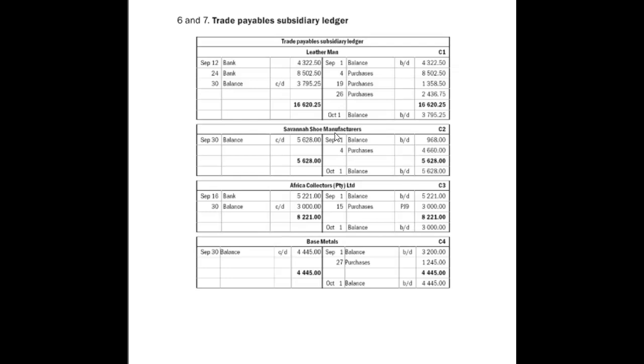So instead of saying I owe 1,000 Rand to my suppliers, you can say I have supplier A who I owe 800, and supplier B I owe 200. So you're taking all the suppliers from the trade payables who you owe money to and putting them individually in accounts, so you can see exactly who you owe money to, how much you owe, etc.